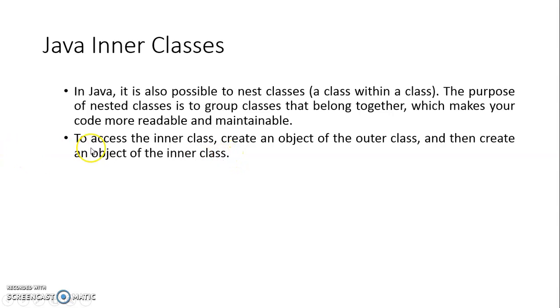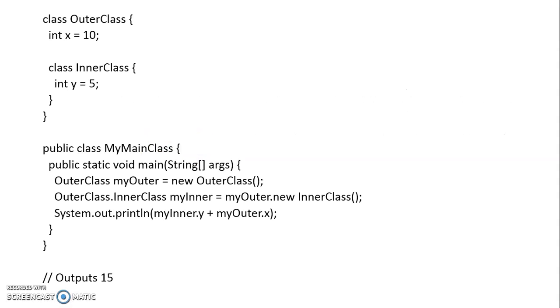If you want to access the inner class, first of all you have to create the object of the outer class and then you can create the object of the inner class. So the outer class is important. First that object is created, then only you can access the inner class. We will see the example of this.